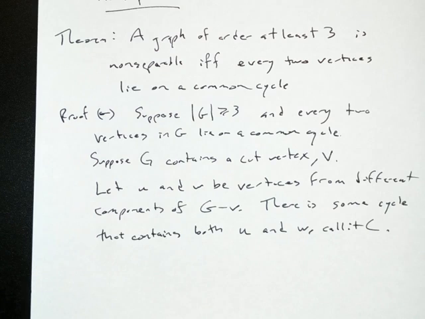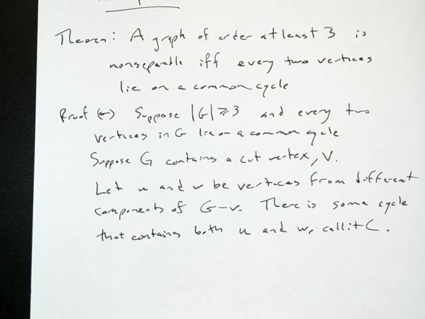Why is that a problem? Just the mere existence of this cycle brings me to my contradiction. Assuming U and V were going to be on the same cycle. Even if V is in that cycle, we can go around the other way. Oops.